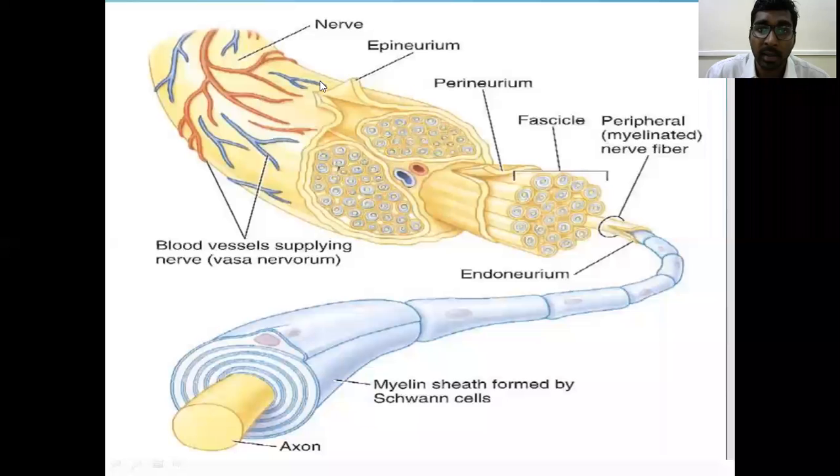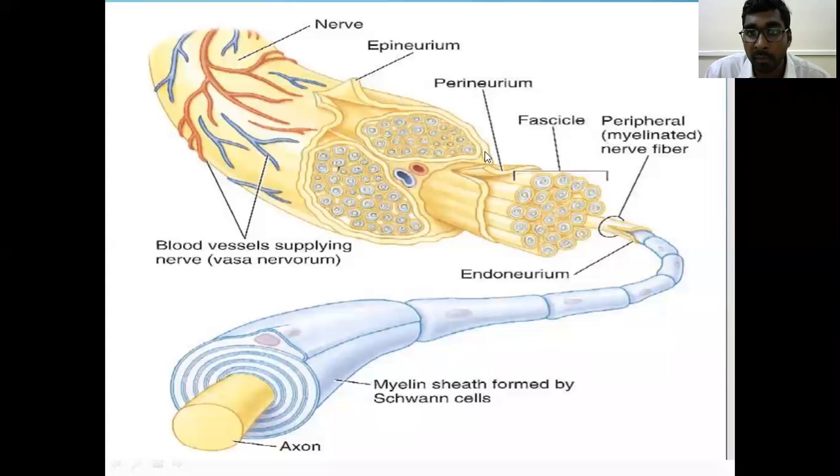You see, this is the epineurium, the most outer layer of the nerve. Within the epineurium, several bundles of nerve fibers are present, and these bundles are surrounded by perineurium.